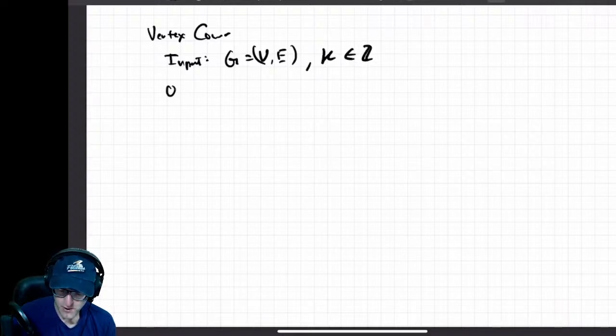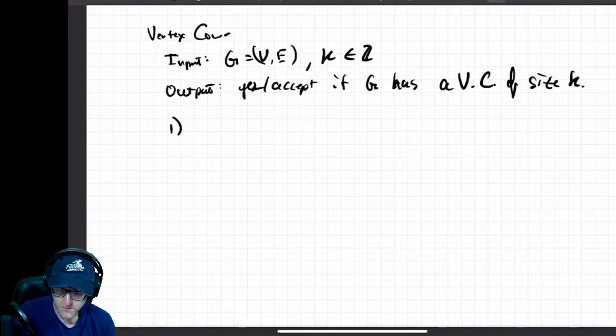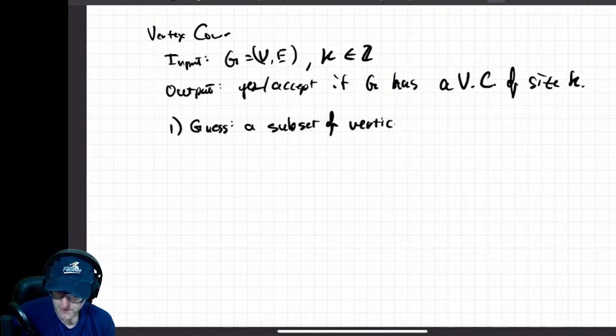Our output will be yes, except if G has a vertex cover, VC, of size k. Again, 2 phases here. Guess. We'll guess a solution. Guess a subset of vertices, just like we did before.